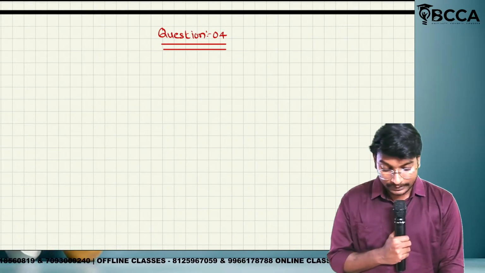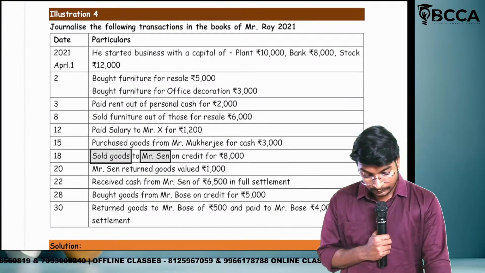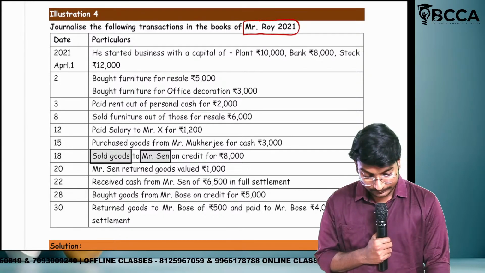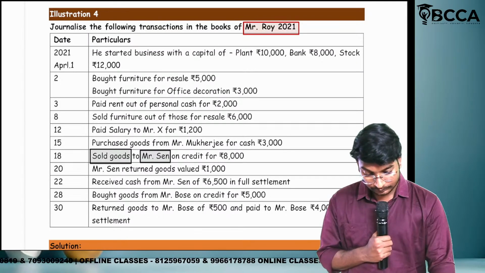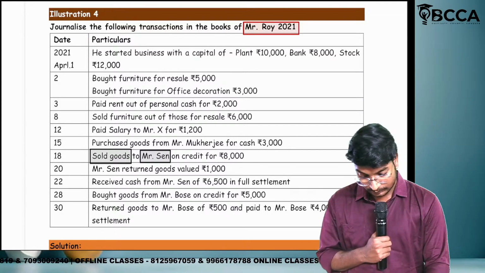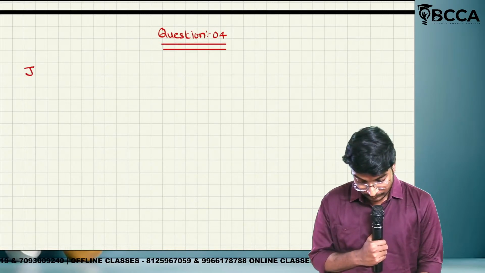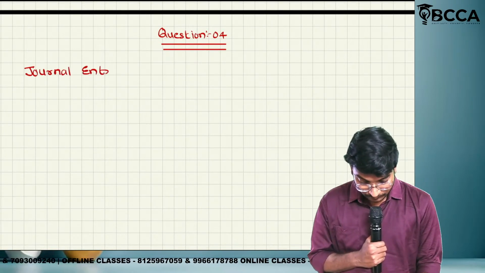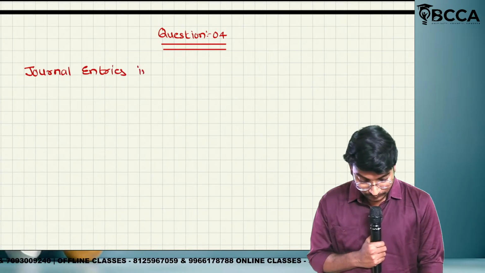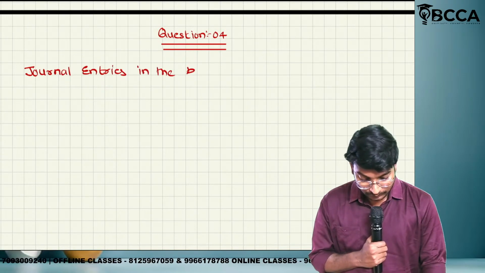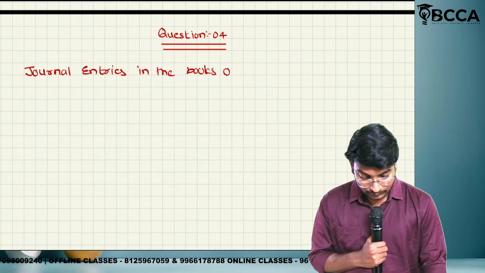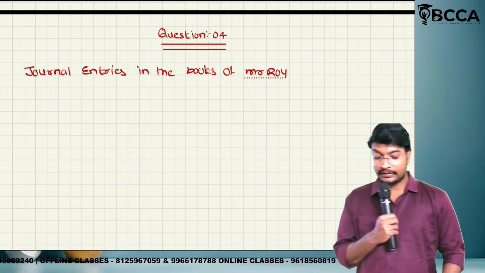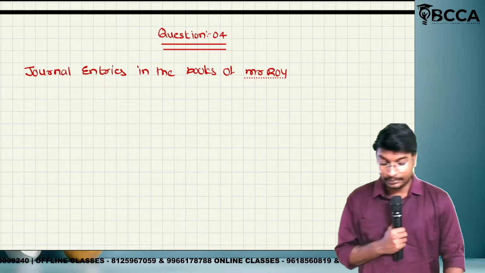What is the party name? Journal entries in the books of Mr. Roy. What is the format?